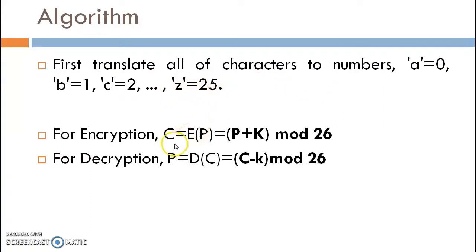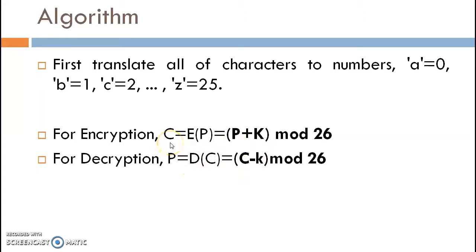Now for encryption we use the algorithm C equals E of P equals (P plus K) modulo 26, and for decryption, P equals D of C equals (C minus K) modulo 26. Here P is a plain text letter and K is a key, which must be in numeric form.